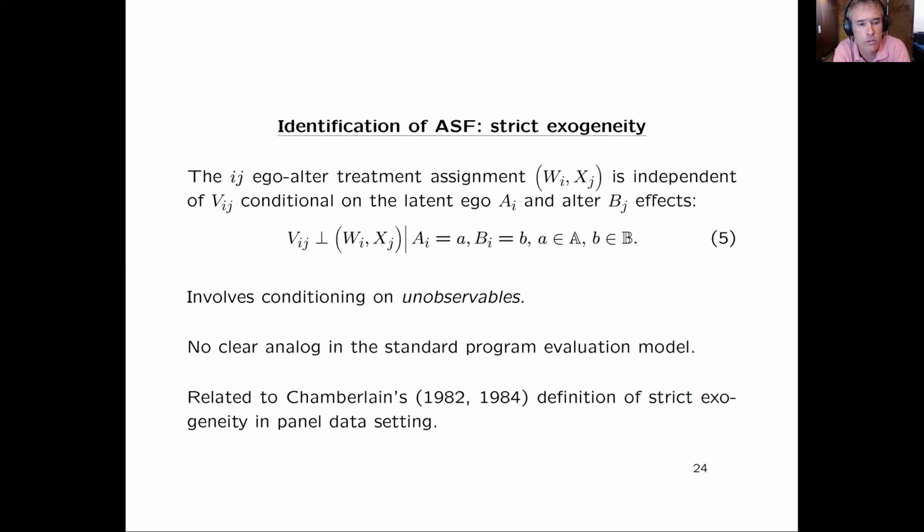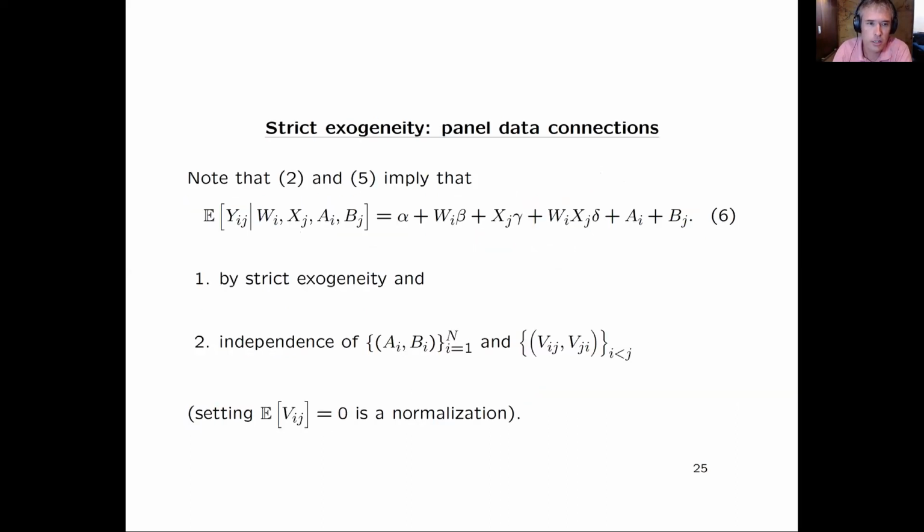And there's not an obvious analog of that in the standard program evaluation setup, but of course it is very much related to things we see in panel data, and in particular Chamberlain's notion of strict exogeneity. So you can see that by noting that this conditional independence assumption, in the context of the linear regression model, just implies equation 6, which is very much what Gary meant by strict exogeneity.